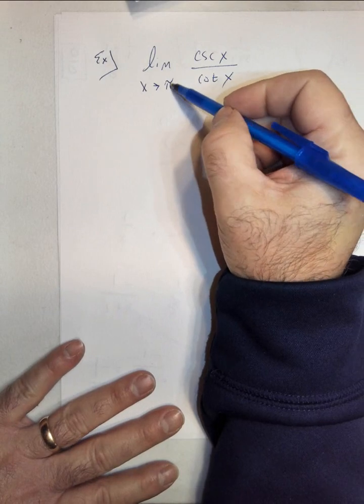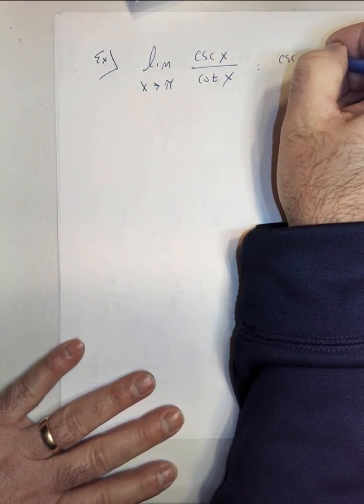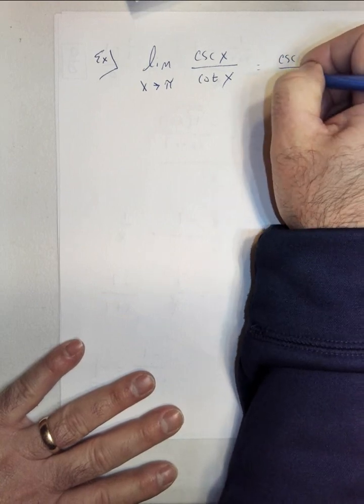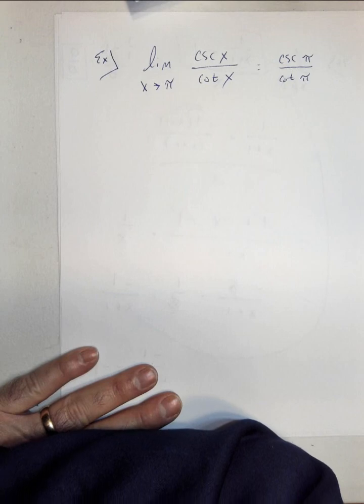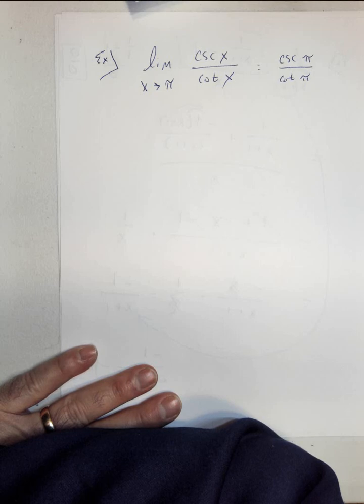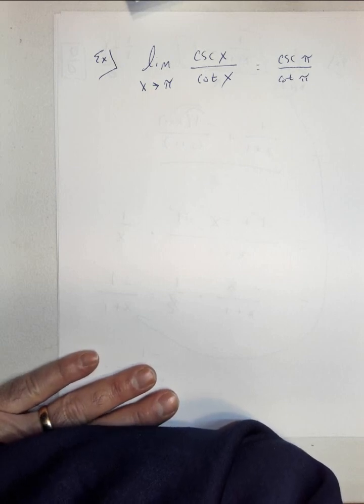You're going to go ahead and plug in pi. So we get the cosecant of pi over the cotangent of pi. And the cosecant of pi, remember, that's 1 over sine, and the sine of pi is 0. So we have an undefined over an undefined. That's another very special case of the indeterminate form, when it's undefined over undefined.